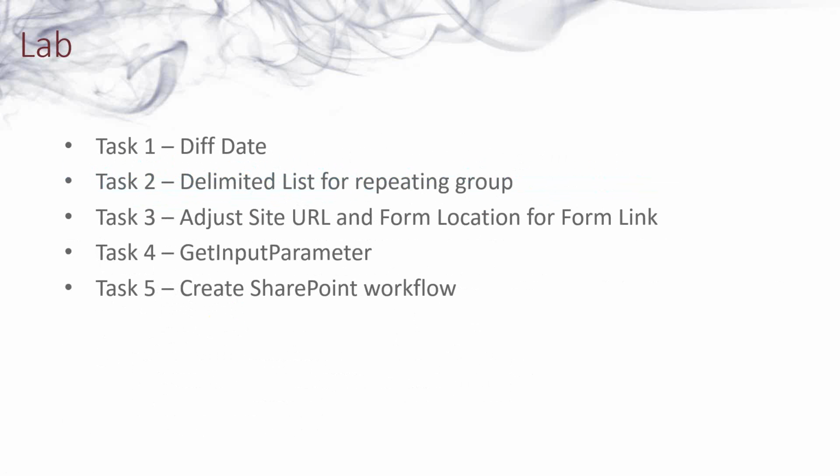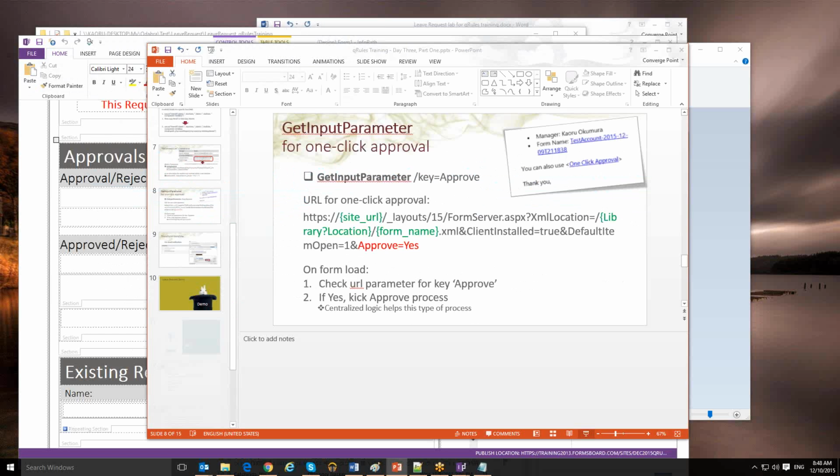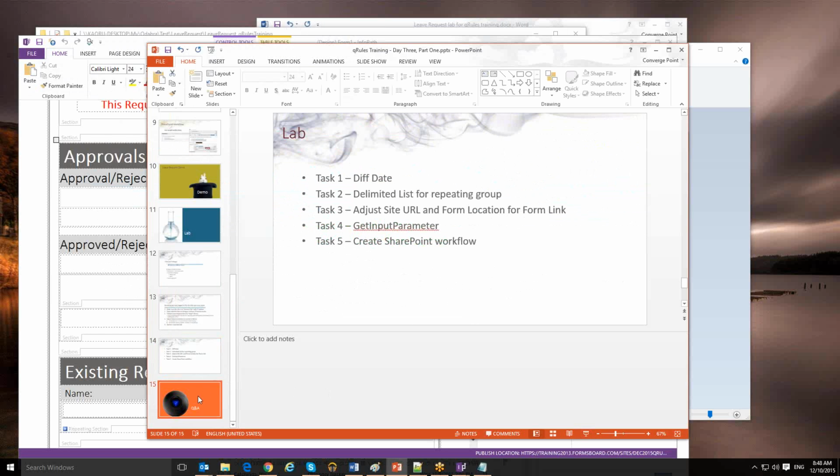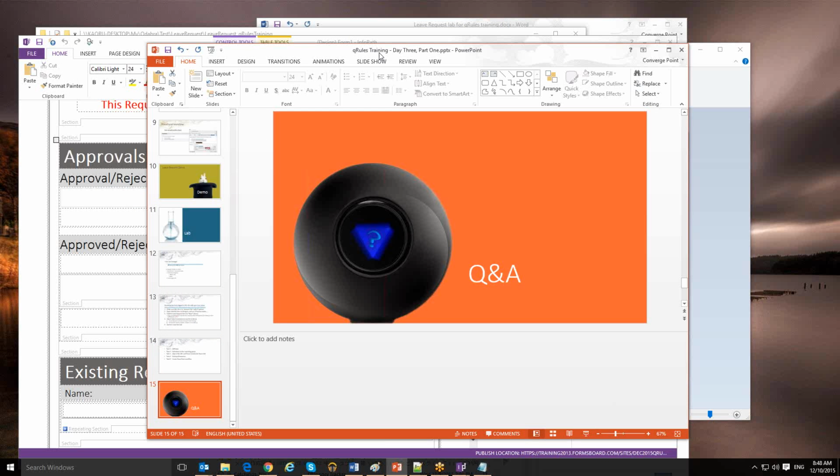Task 3 is to adjust the site URL and form location to create the form link. Task 4 is GetInputParameter, and the extra bonus task is SharePoint Workflow. Okay, so I hope you can download and try it.